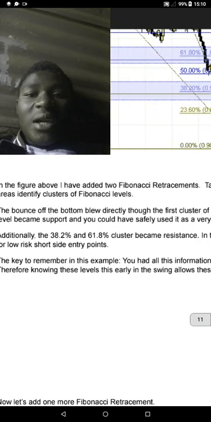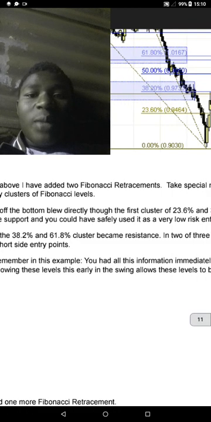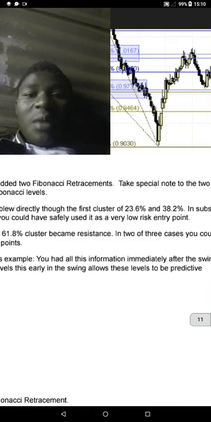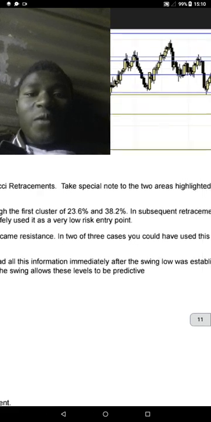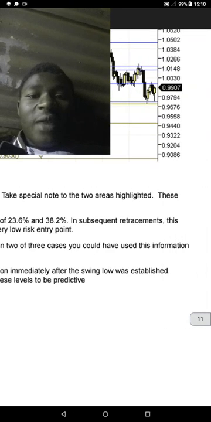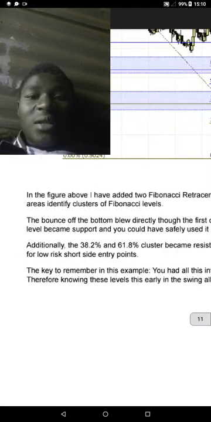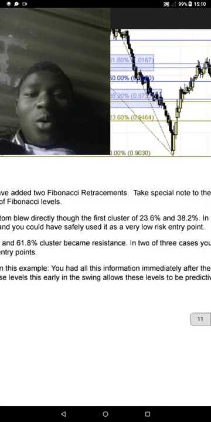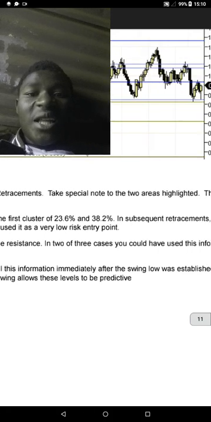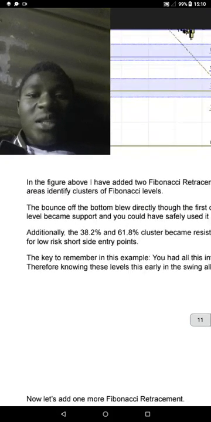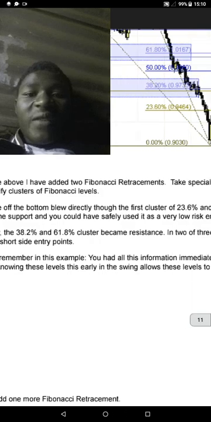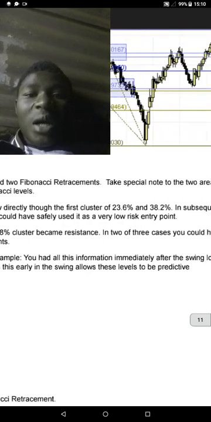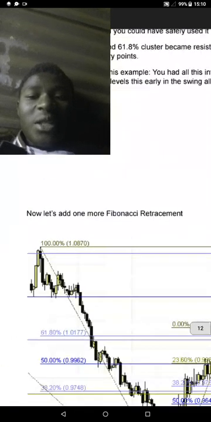Additionally, the 38.2% and 61.8% cluster became resistance. In two of three cases, you could have used this information for a low risk short side entry point. The key to remember in this example is that we have all this information immediately after the swing low was established. Therefore, knowing these levels this early in the swing allows them to be predictive.